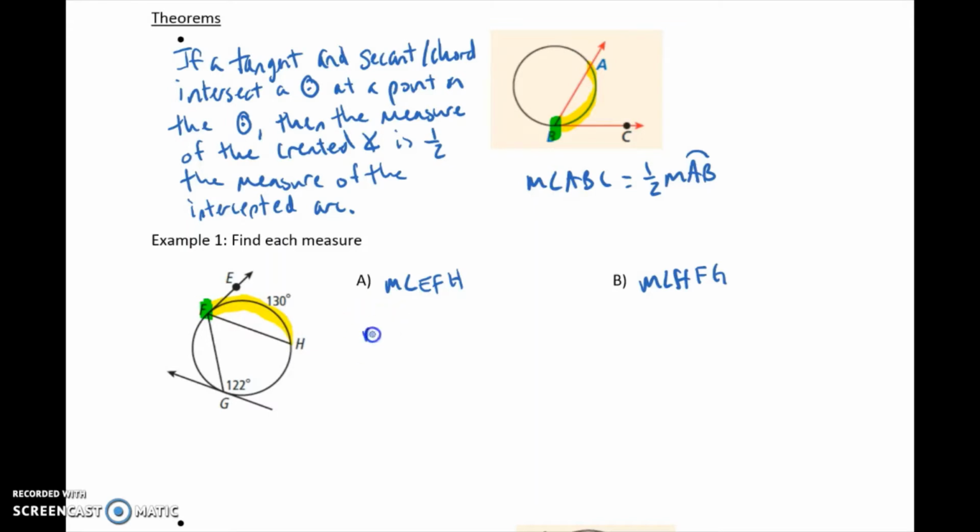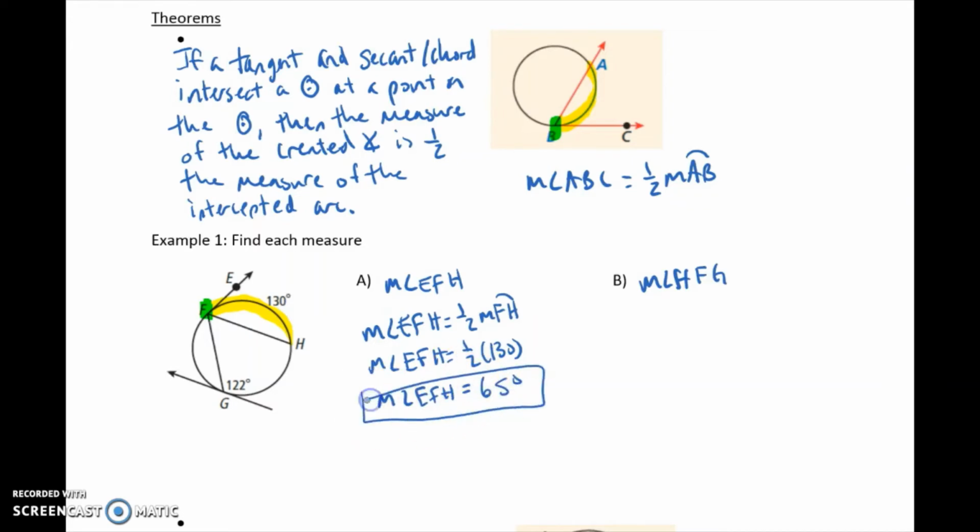So pretty straightforward. The measure of angle EFH should be 1/2 of that arc, FH. So we're just going to take 1/2 of 130. So that should give us 65 degrees.